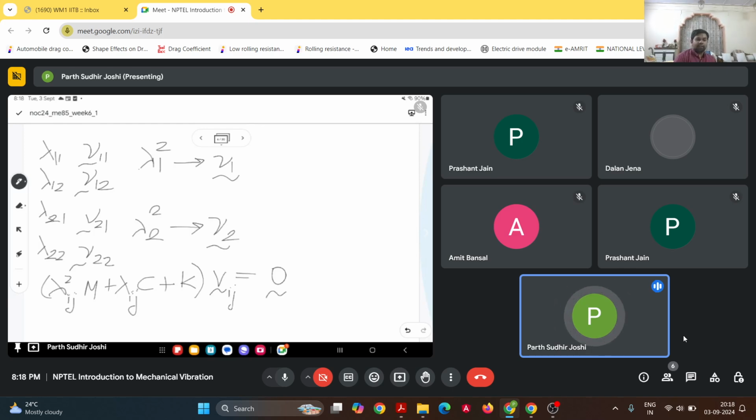So the subscript ij can take two values like one or two, depending on which root we are talking about. So we will get the corresponding vector v11 or v12, whatever corresponds to that, by solving this matrix equation.